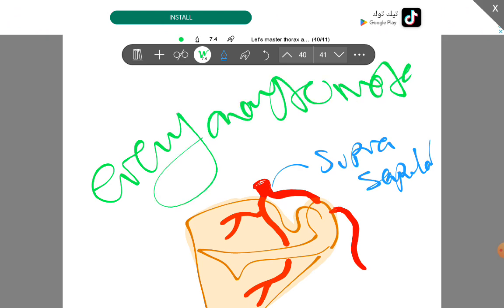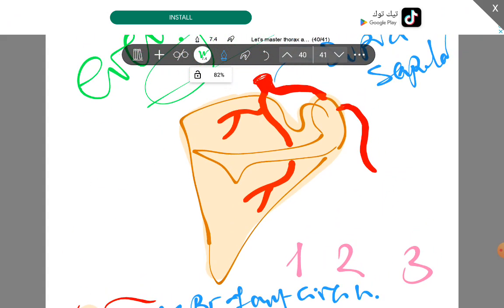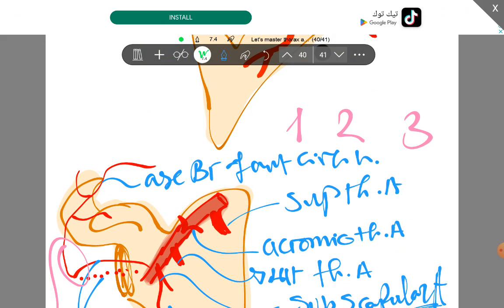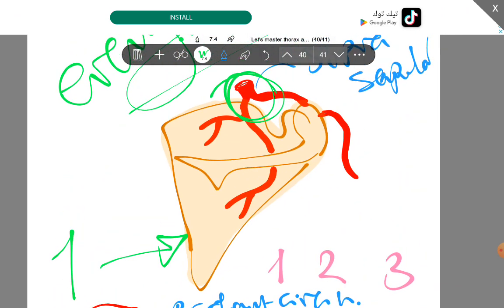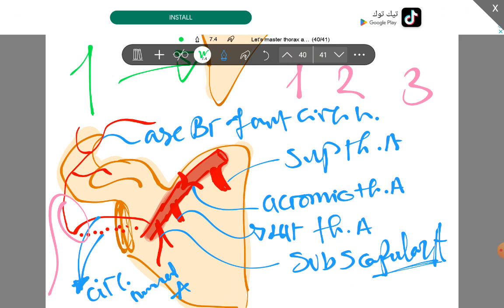Okay. First one, the anastomosis around the shoulder joint. First one, suprascapular artery. So the first one, from the first part of the subclavian, it gives the suprascapular artery. Great. Even here it's around the shoulder joint. And then from the second part of the axillary artery, it gives the acromiothoracic.